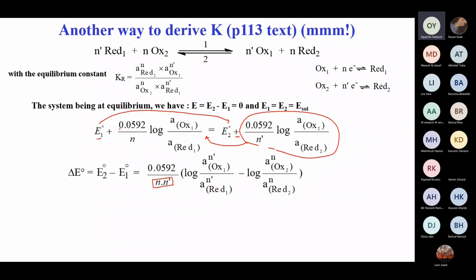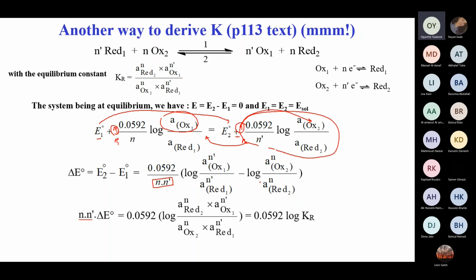If I multiply it by N1, it became N1 N, and this N1 or N prime, sorry, I put it inside, so here it became the activity of ox to the N1, activity of red to the N1. I hate the French way. Minus log, same thing, I make a common N here, multiply it by N times N to make it common, and this N I bring over here. Okay.